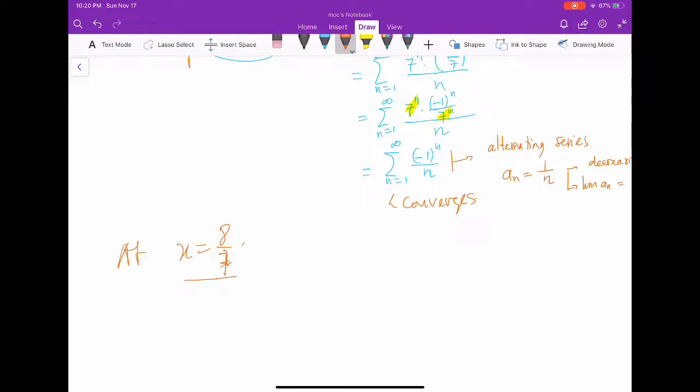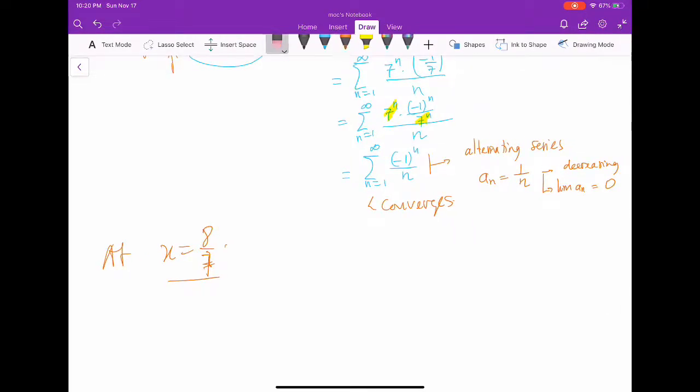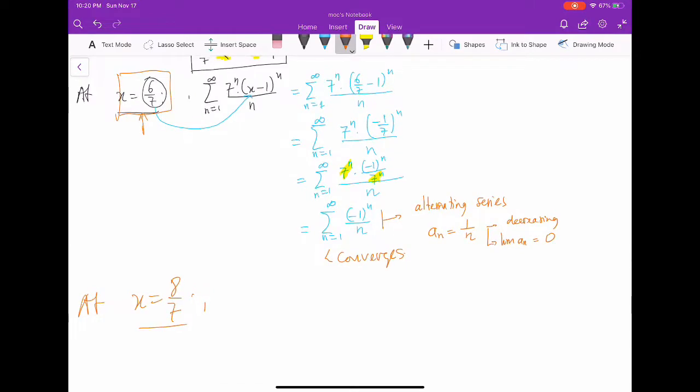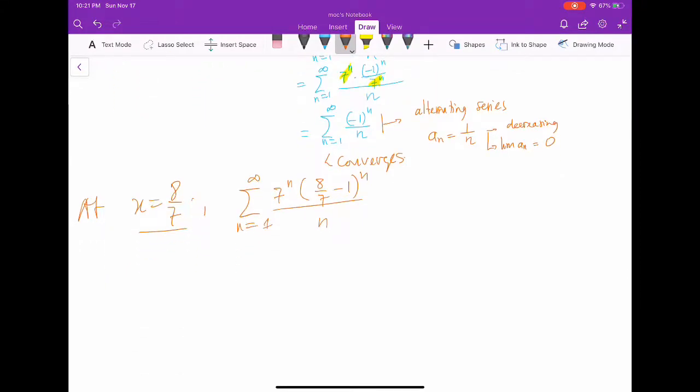Again, you plug this point into the original series. So our series looks like this: the sum of 7 to the n, 8 over 7 minus 1 to the n over n, from 1 to infinity. We do the computation and simplify. 8 over 7 minus 1 is 1 over 7, to the n, over n.